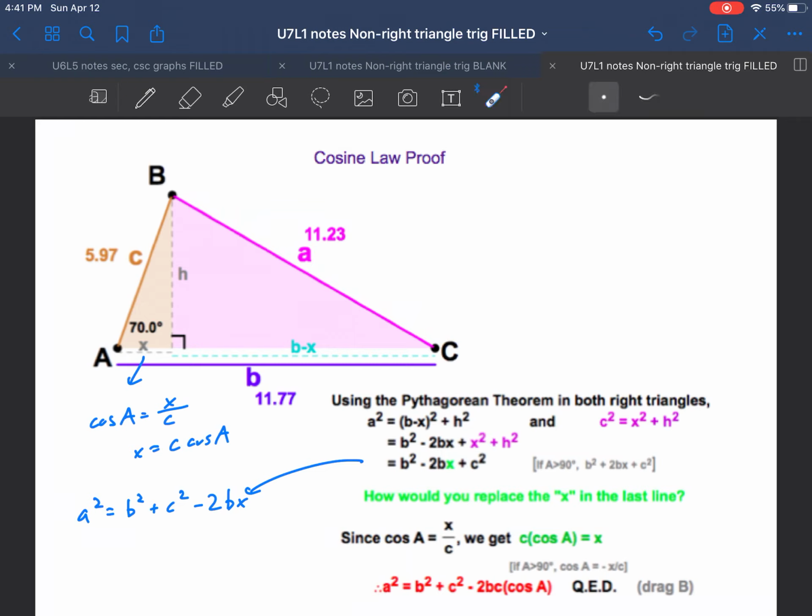And then when we plug in here, this expression right there, we get what we want. So that means that a squared is equal to b squared plus c squared minus 2bc cos A. Nice. So there is our proof of law of cosines.